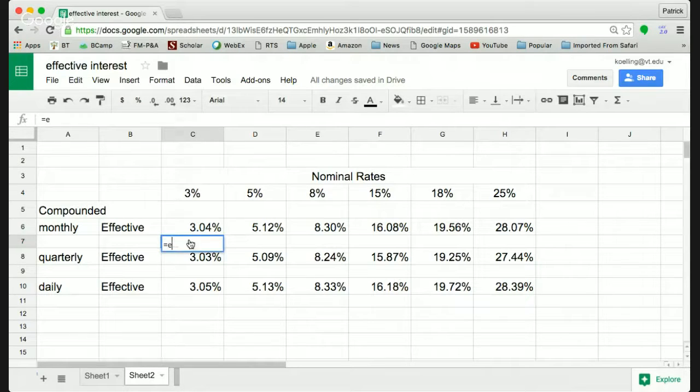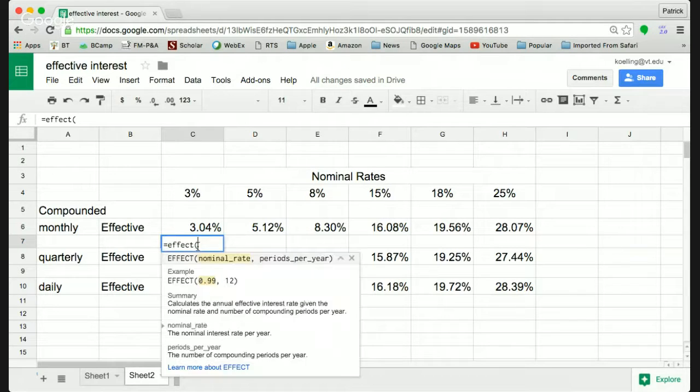The function is EFFECT, annual effective interest rate. And the arguments, let me show you the description here. The first argument is the nominal rate. So we will put in the nominal interest rate. And the second argument is simply the number of compounding periods per year.